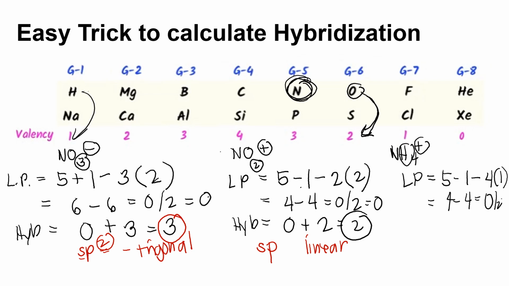Over 2 is 0 lone pairs. For hybridization, that is 0 lone pairs plus 4 surrounding atoms. It gives us 4 orbitals, that means you have 1 s and 3 p's. So sp3, you have 4. That is tetrahedral.